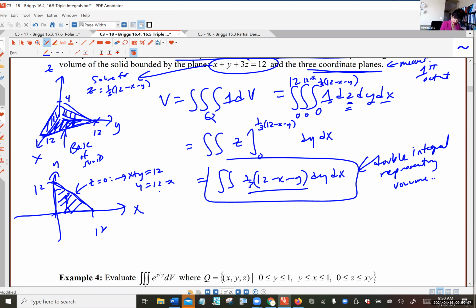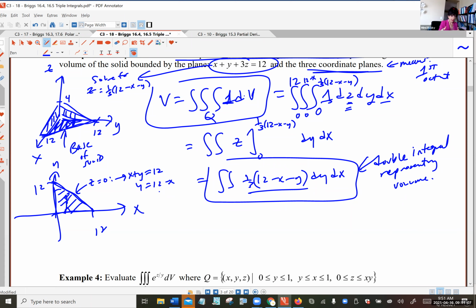Please listen, because I don't give partial credit really on these, since it's hard to. When you're using a triple integral to represent volume, a 1 goes in the integrand.